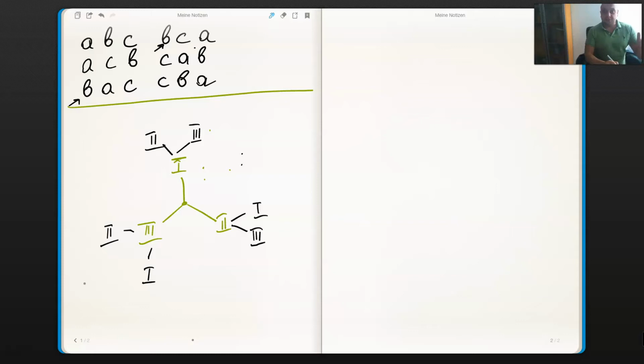And once we place the first letter and the second, for the third letter, there is no choice anymore. We have to take what we have. And you see, B, A, for C, there is no choice. It must be there. 1, 3, 2. 2, 1, 3. 2, 3, 1. 3, 1, 2, and 3, 2, 1.